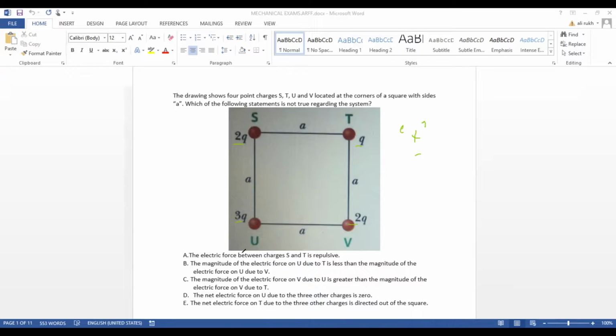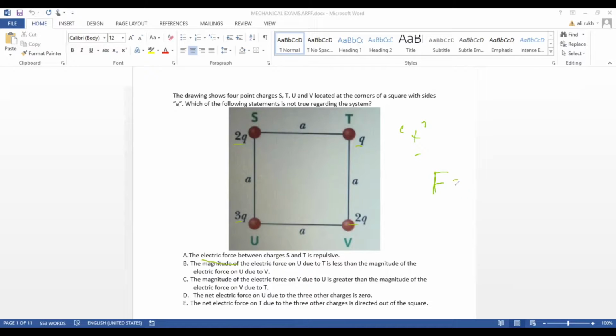The electric force between the charges, they're talking about the force. So here they're talking about Coulomb's law. Have you heard of Coulomb's law before? No, I haven't actually.